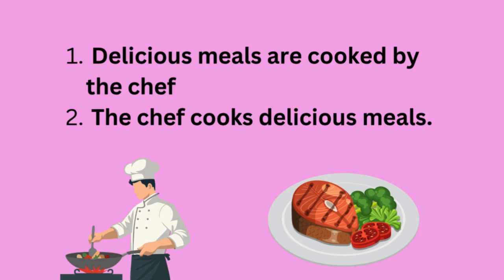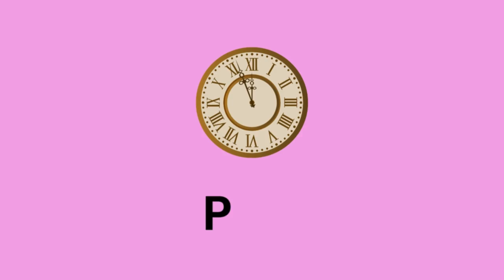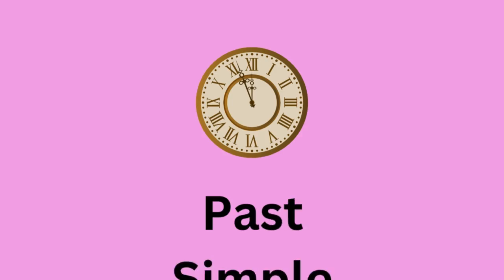And then the second sentence just uses verb 1, which is the formula of the present simple. Alright, you got it? Good job. We move to the next tense.